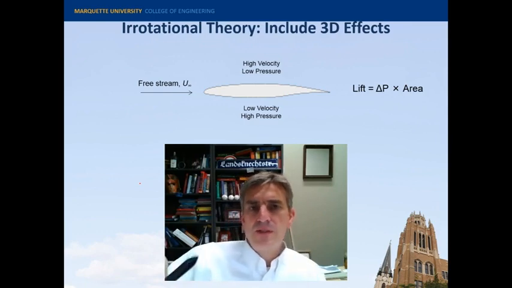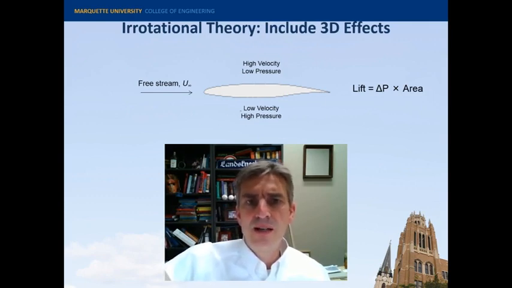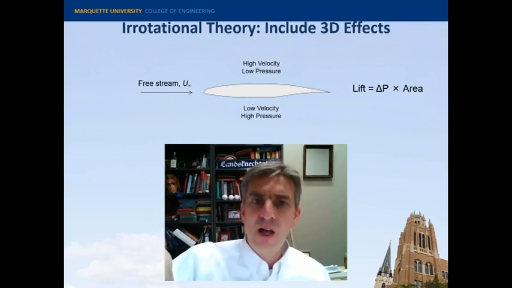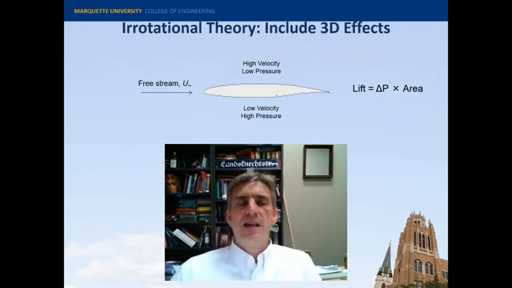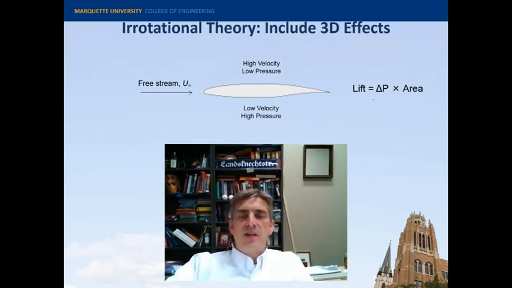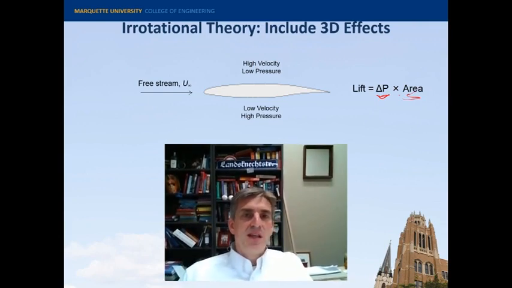And what that does for us is the wing is, here I'm showing a non-symmetric airfoil where you've got higher pressure on the bottom and lower pressure on top. That means you have, due to the Bernoulli effect, lower velocity on the bottom and higher velocity on top. And the difference in the pressure times the area is what results in the lift.